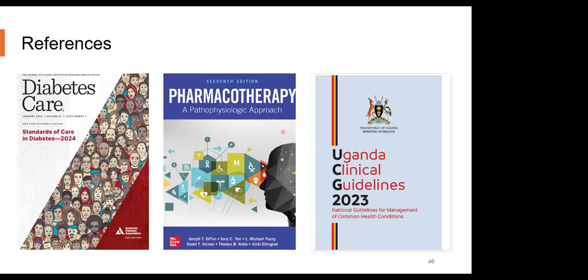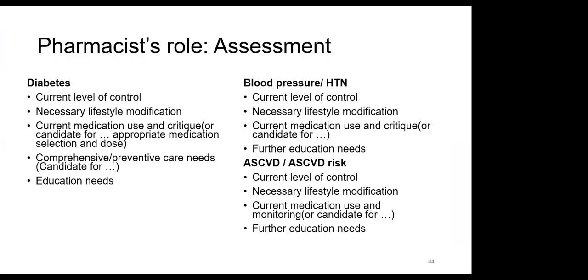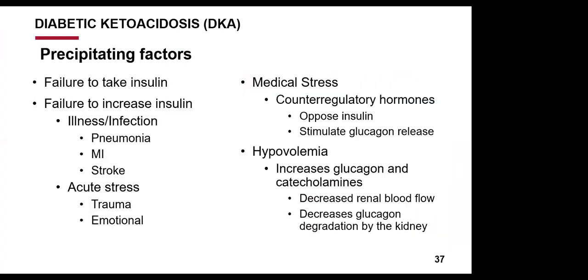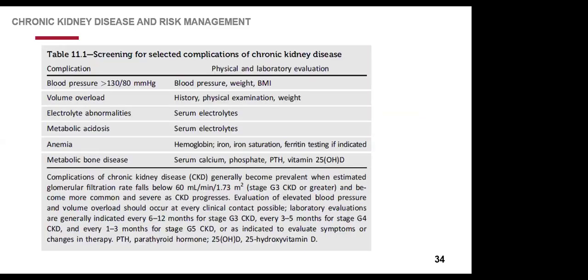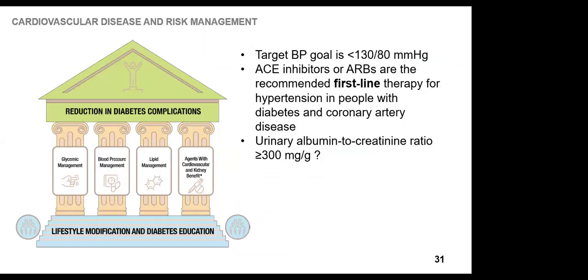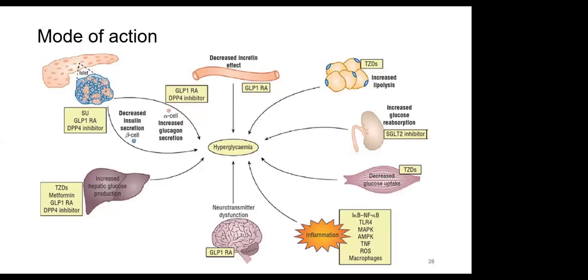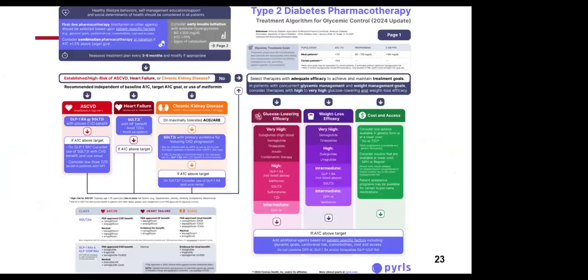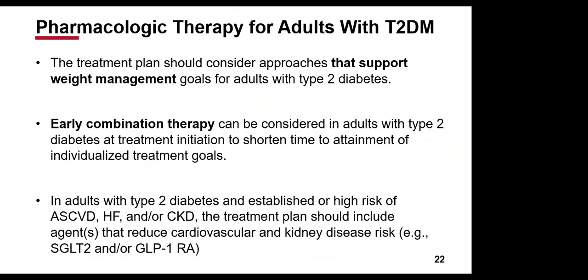And the last one is the foods we should recommend, because usually they tell us to refer to a nutritionist, but they are not very common in our settings, and we find ourselves having to do the job of a nutritionist. And in our settings, we find the common foods are all rich in carbohydrates, so we don't really know which ones to give. Then let me look through the chats.